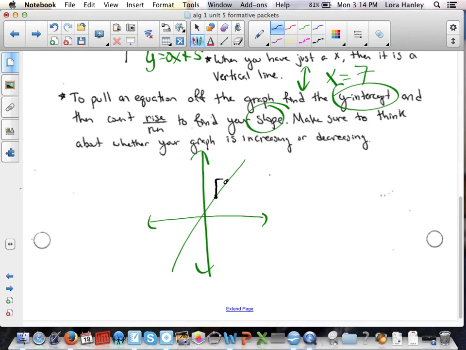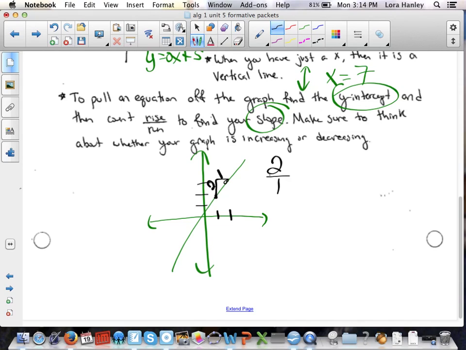So I make a right angle from one point to the next. We should have gone up 2 spaces and to the right 1 space. So your rise over run would be 2 over 1. And that's the number you could replace your slope with.